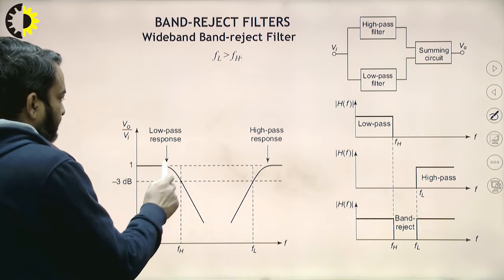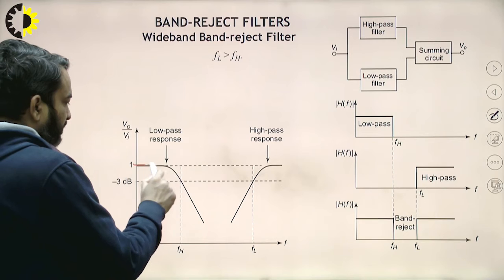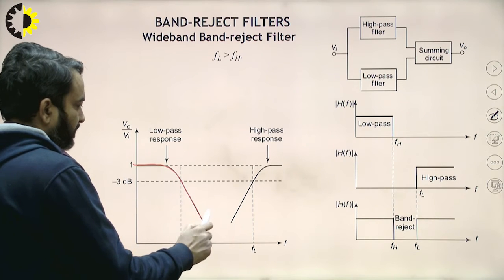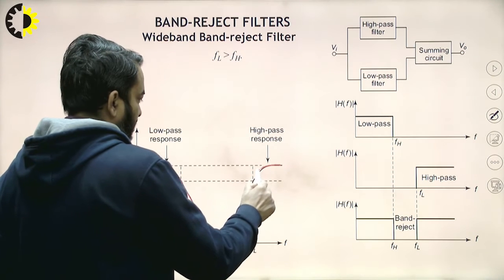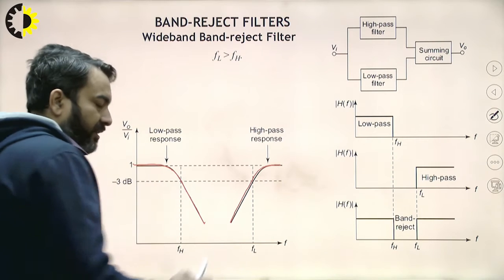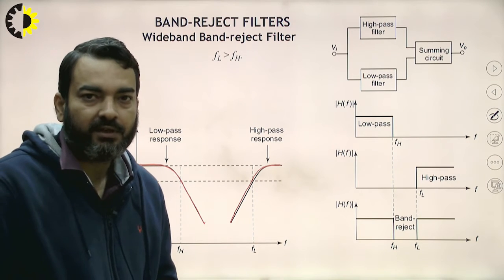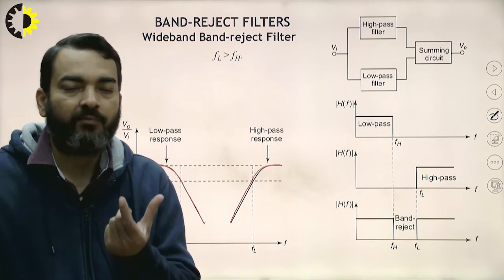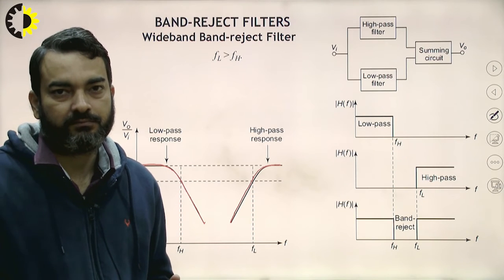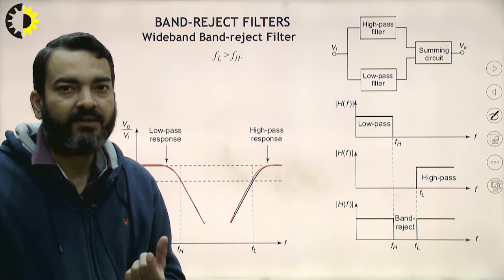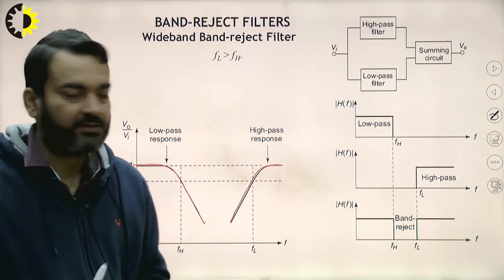So let's say this is a low pass response if we see, and this is a high pass response. In case of band reject filter, we will reject a particular band of frequency, and outside that band frequencies will be passed.